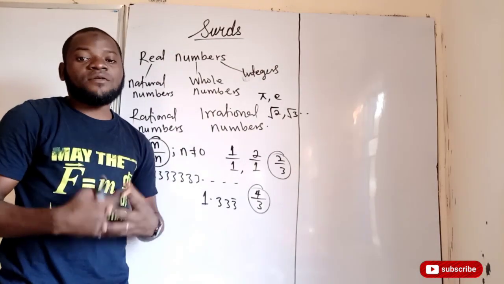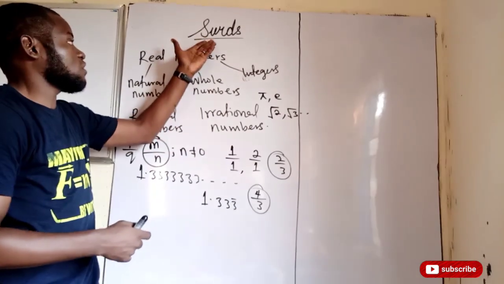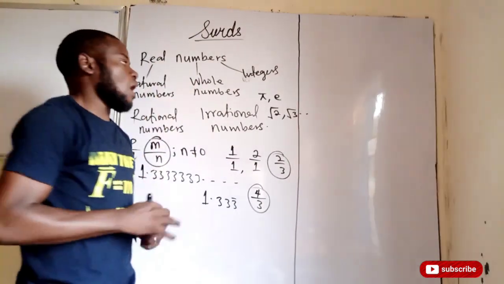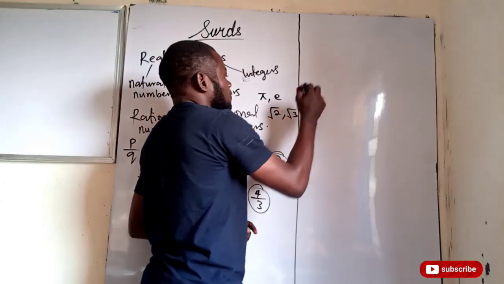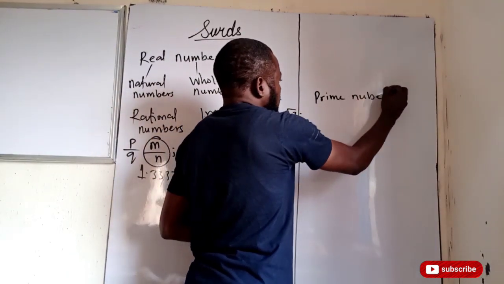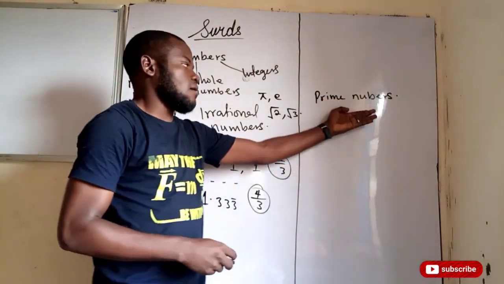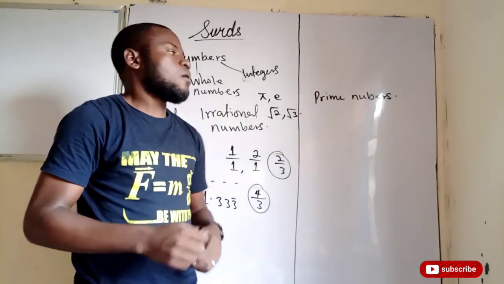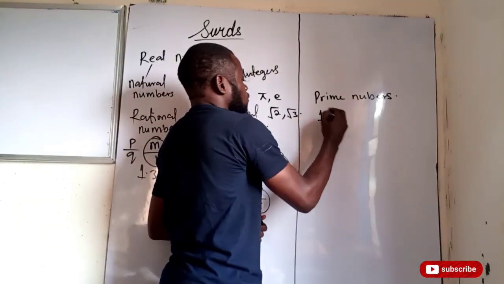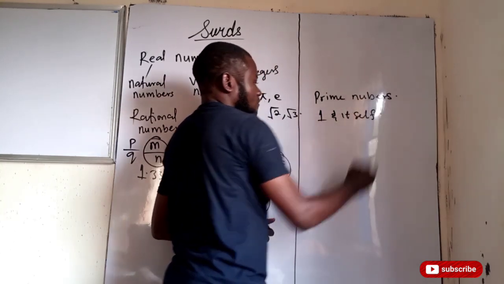Now, there is another kind of number I would like us to look at before we go into the main topic, surds. We have what we call prime numbers. These are numbers with exactly two factors, 1 and itself.